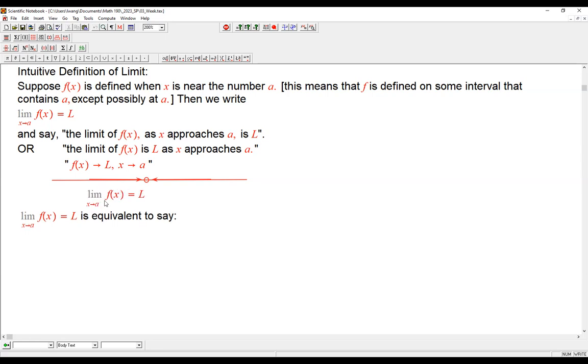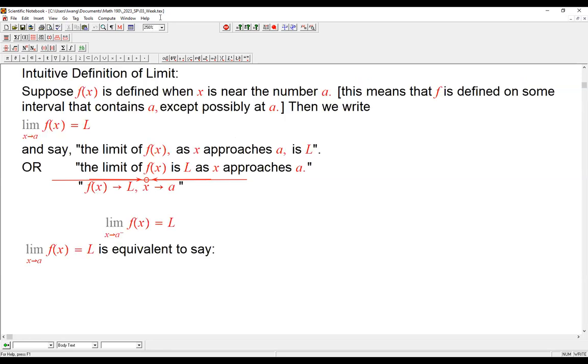Let me make sure you see the negative sign. I think you can see. So one is when we're approaching a from smaller than a, that limit equals L.